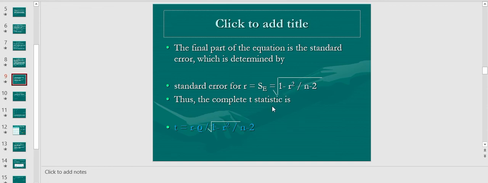Thus, the complete statistic is r minus rho, meaning the correlation of the sample minus the hypothesized correlation of the population, divided by the square root of 1 minus r square divided by n minus 2.